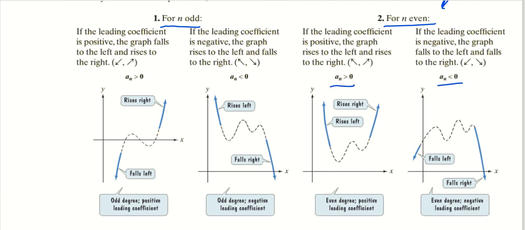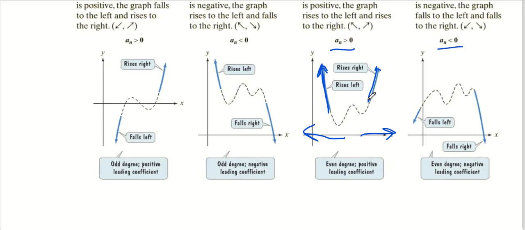If a sub n is greater than 0, then the polynomial will rise towards positive infinity as x approaches negative infinity. So if we go far to the left, the graph is going to rise up towards positive infinity. And if we go to the right, if x approaches positive infinity, the graph will also approach positive infinity.